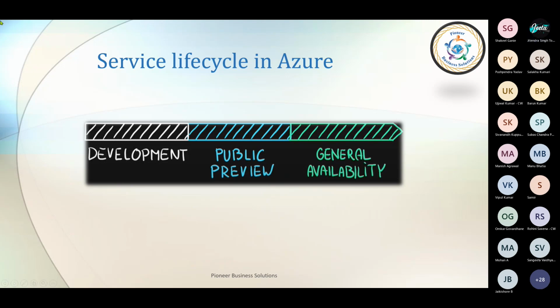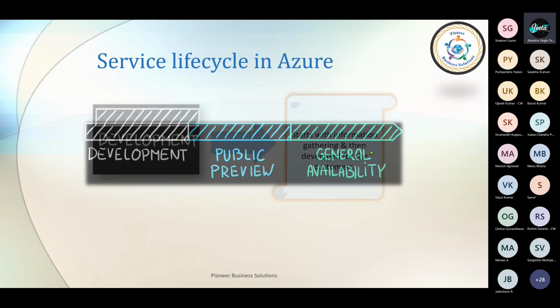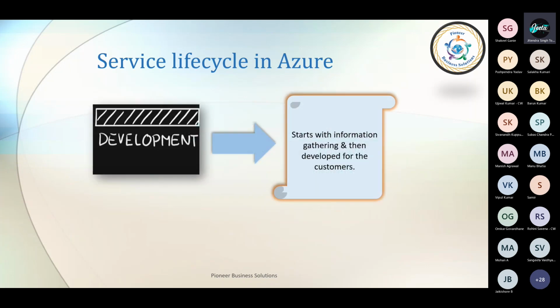That is, first the development phase will be there, then the preview, then general availability. And in the general availability, finally, you will get the particular product over here. But how, if I break it down into pieces, what exactly happens over here? So first is your development phase. In this development phase, the information will be gathered on what the customer is looking for.